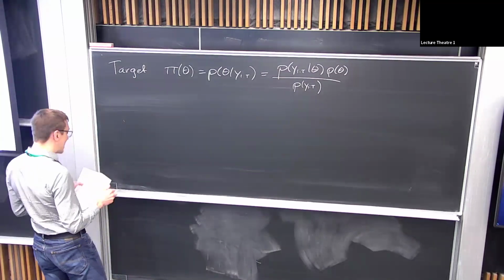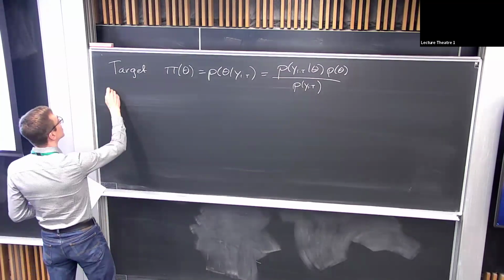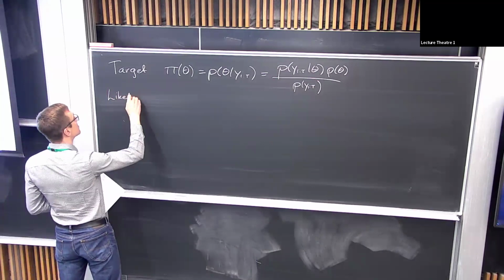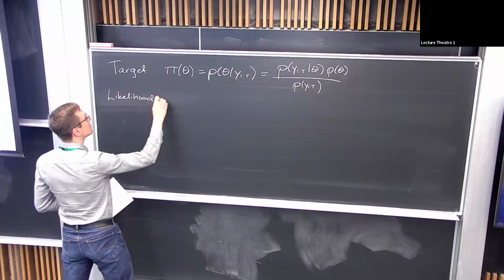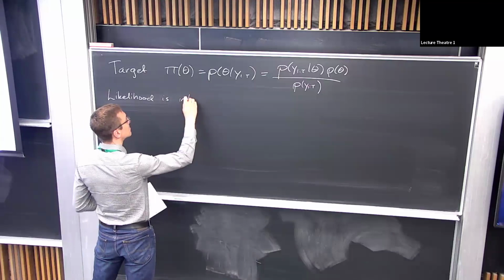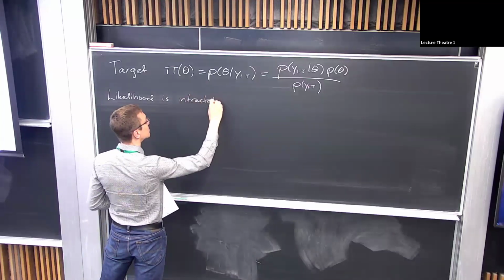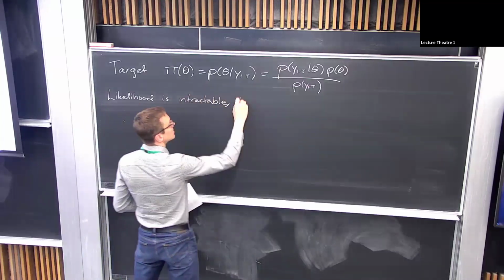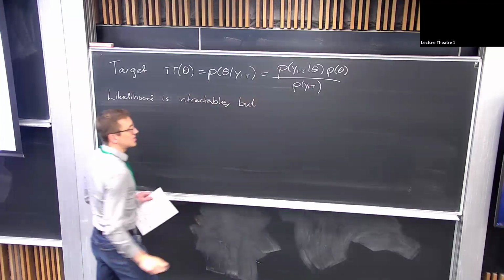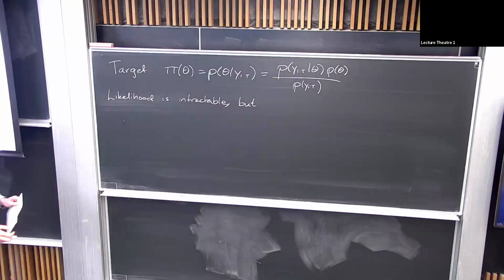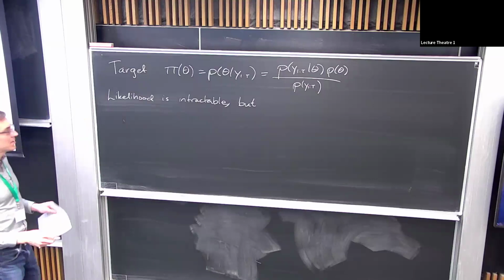And as we said, the likelihood here is intractable, but we know that we have access to an unbiased estimate of it.